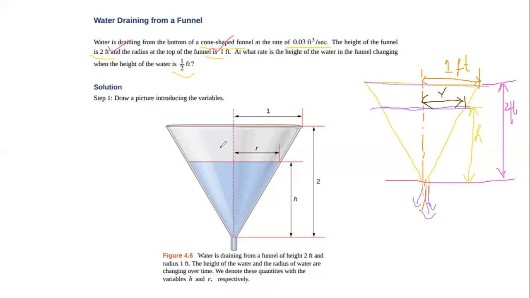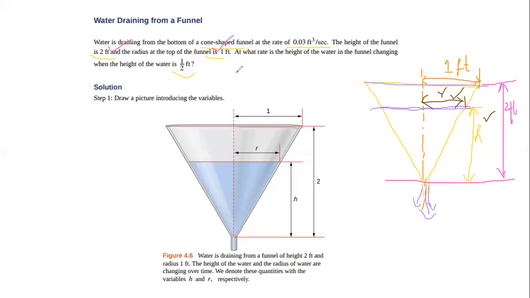Now two basic parameters, the height and the radius, both change with respect to time. So we make these, now we have different height and different radius. So I denote these quantities with variable h and variable r, this one and this one.